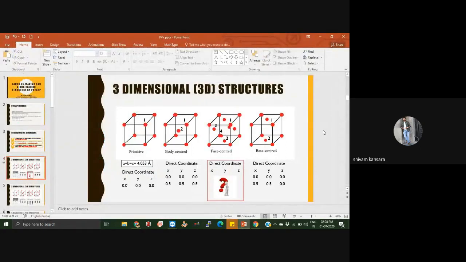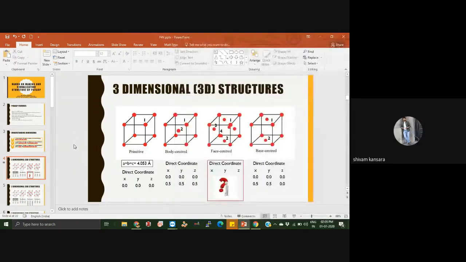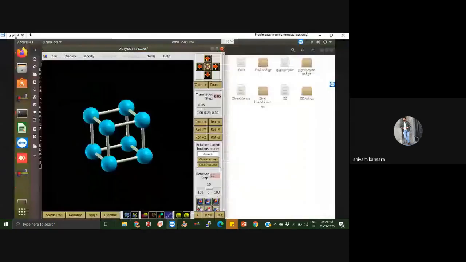There are mainly three types of visualization software. First one is P4VASP, second one is XCrystal, and third one is this one, Vesta. Okay, if we wish to make a structure or visualize a structure, first of all we have to use P4VASP structure, which I have used here.